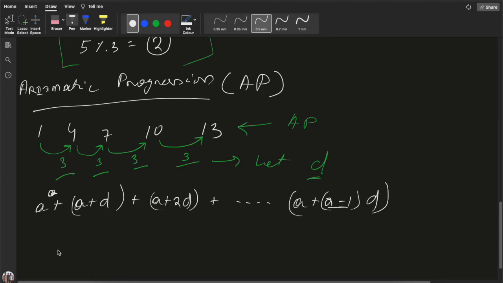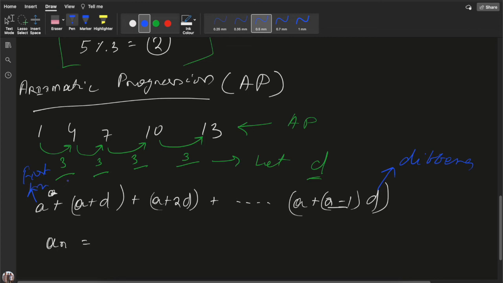Now I can do one thing. I need to find the nth term. How can I find the nth term? Here basically D is the difference. A is the first term, I mean 1.